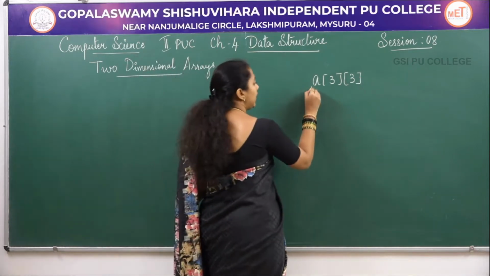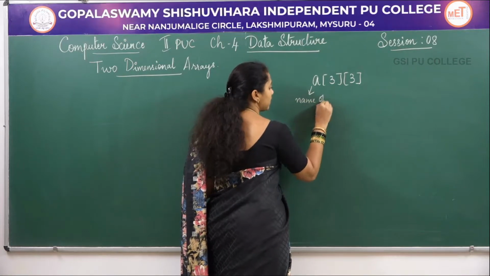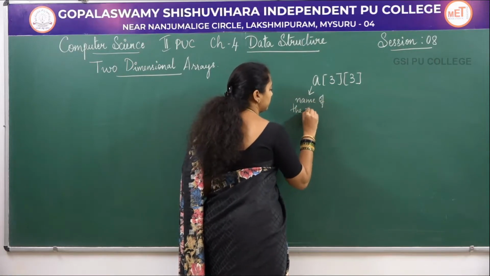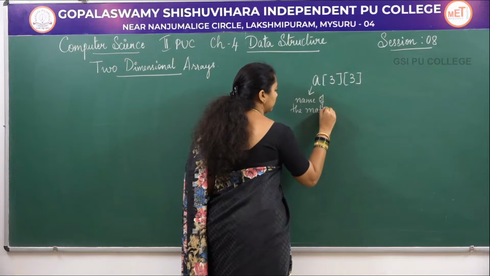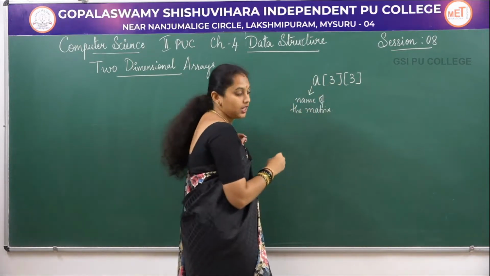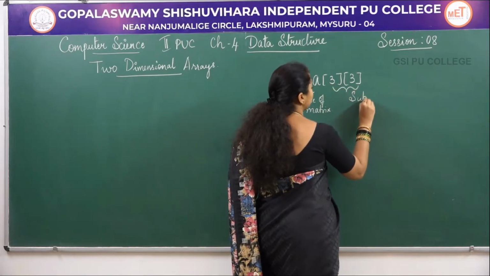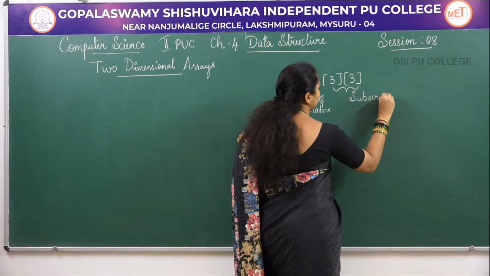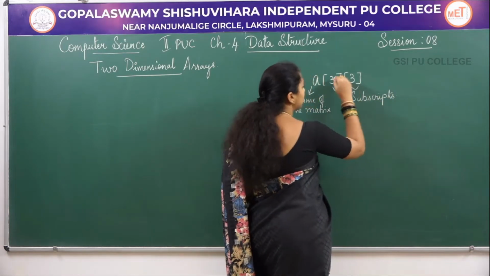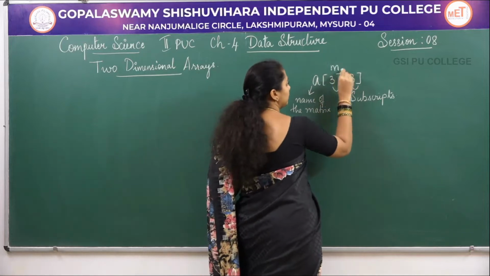So here A is the name of the matrix and 3 cross 3 is called the subscripts. It is nothing but the pair of indices, that is m cross n.